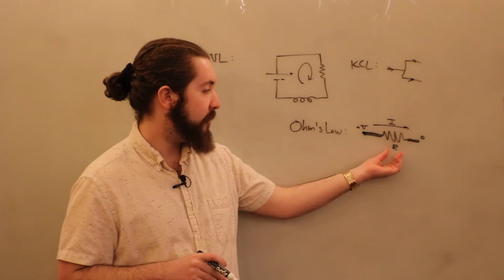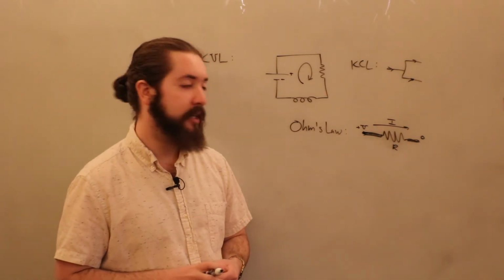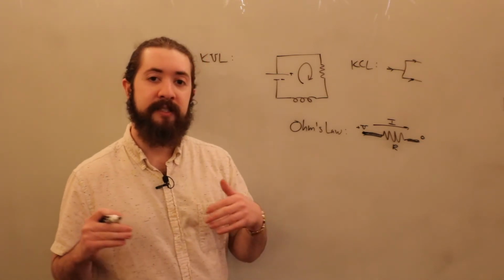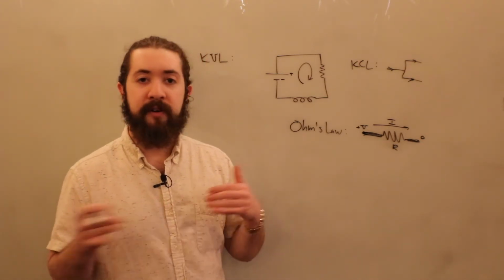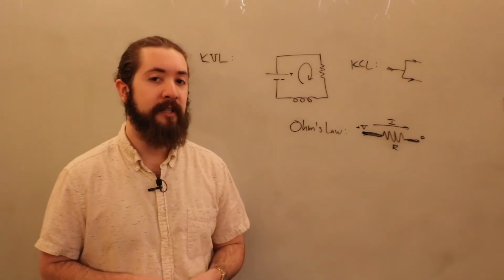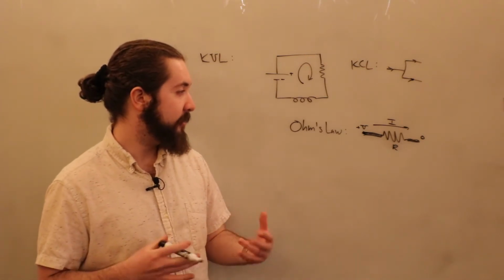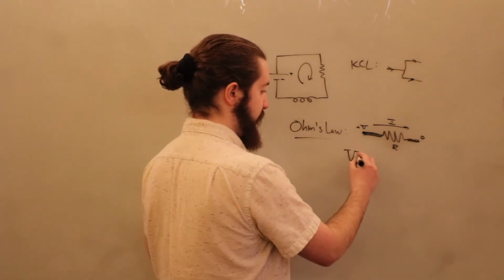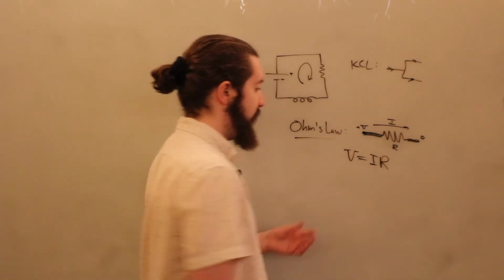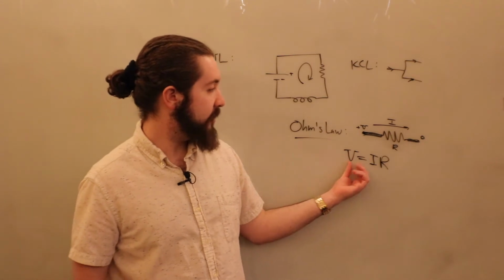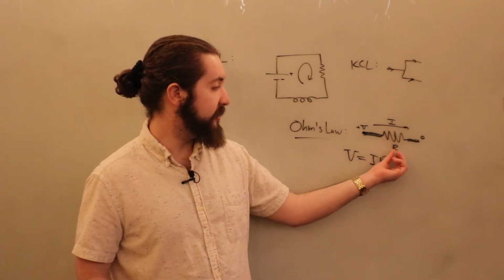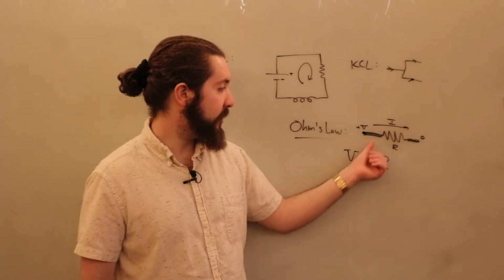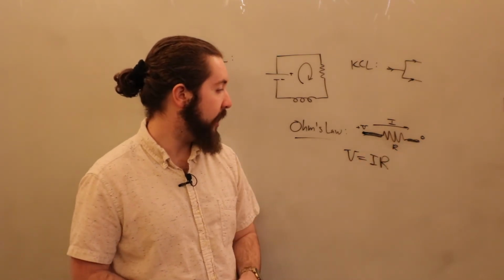And it can represent a power element in your circuit or just anything across which a voltage drop happens that's not a time-varying element like an inductor or a capacitor. So that's going to be our approximation there. And Ohm's law just tells us that V is equal to IR. The voltage drop across a resistor is equal to the resistance, which is a material property, times the current going through that resistor, I.